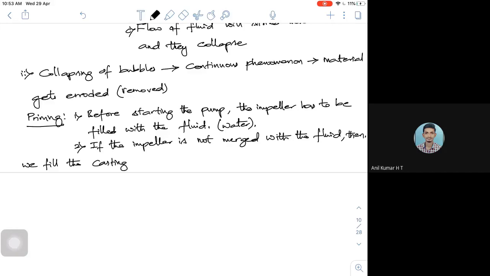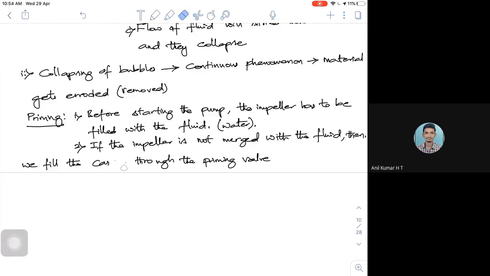We call that the priming valve. If the impeller is not submerged in the fluid, then we fill the casing.